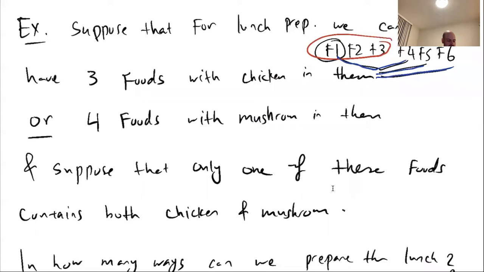In total, we have six foods for our lunch preparation. 3 plus 4 minus the number of common ways. One of them is common. So 3 plus 4 minus 1 is 6 foods to choose for lunch.